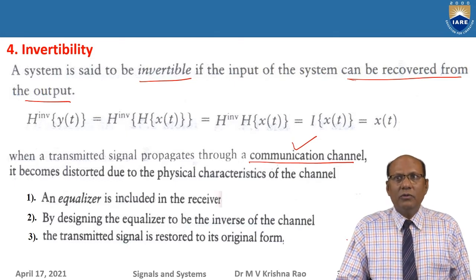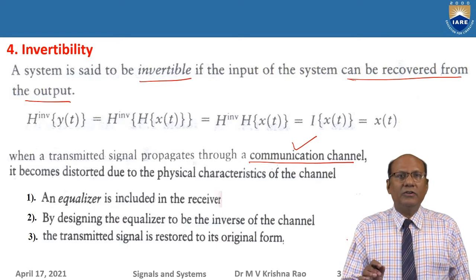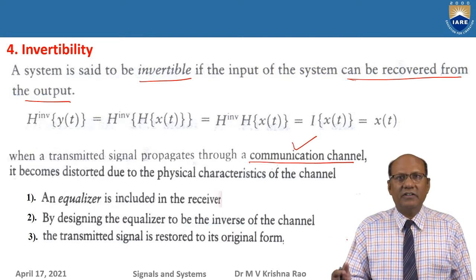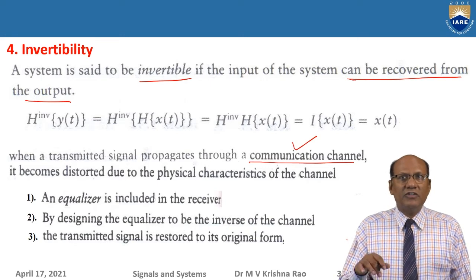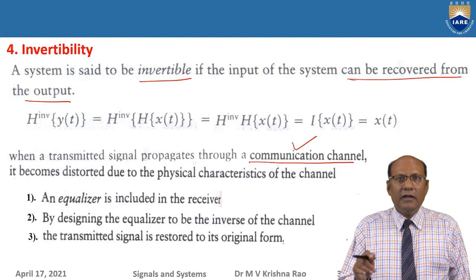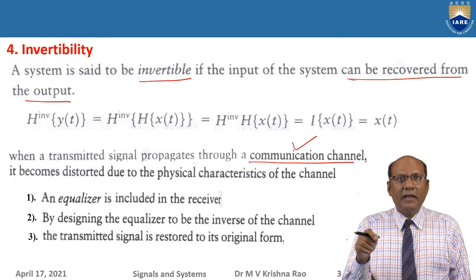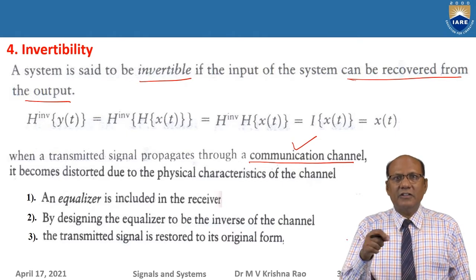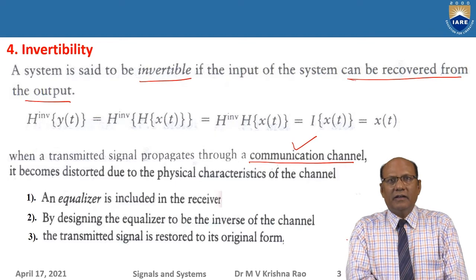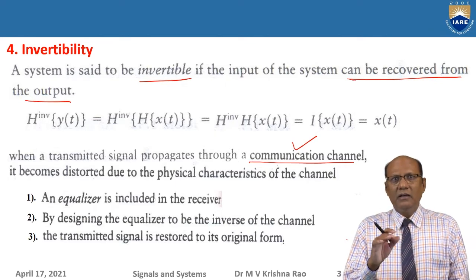Now I want to get back the original signal. So at the receiver, I have to do reverse operations. Whatever distortions happened in the communication channel, let them happen. If I can estimate those distortions, I can build an inverse filter, a reciprocal filter, which cancels these things. You can retrieve the input back.